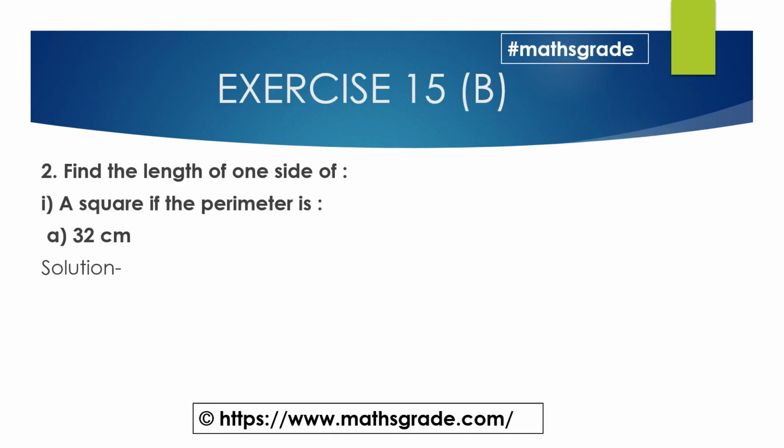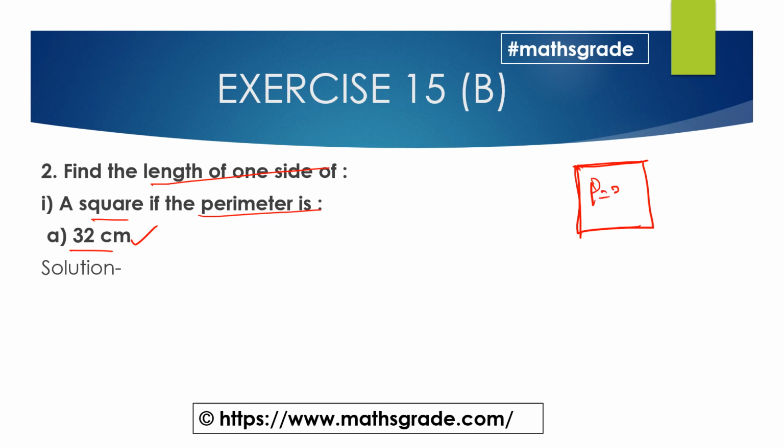Now we solve question number 2. Find the length of one side of the square if the perimeter is 32 centimeter. It is given that the perimeter of the square is 32 centimeter. We have to find the length of one side.